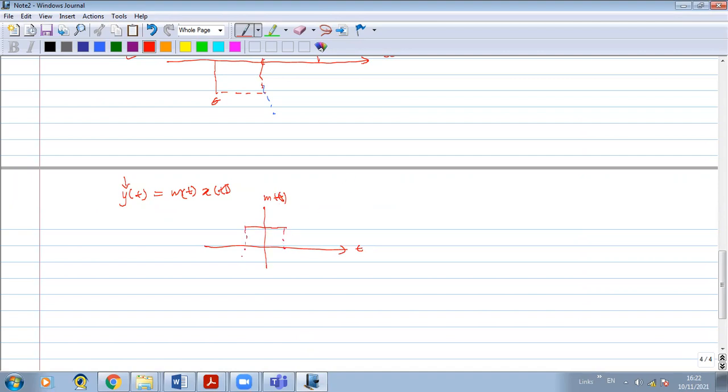That means we can say it is from minus tau by 2 to plus tau by 2. It is a pulse.